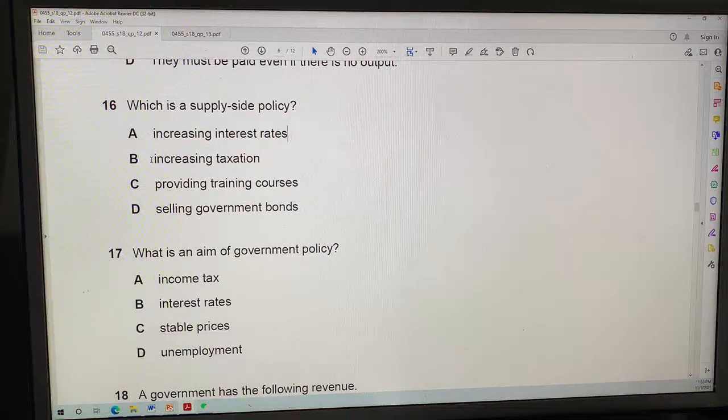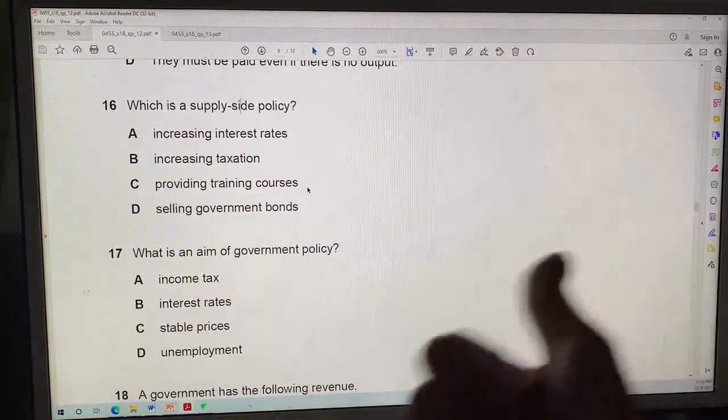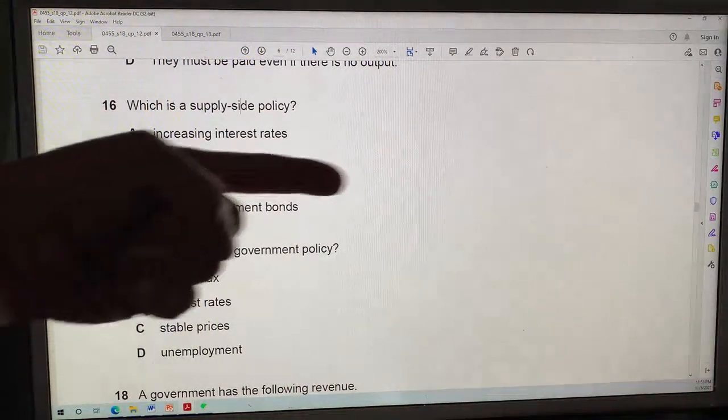No. B is increasing taxation, which is fiscal policy. C, provide training courses. Yes. Providing training courses is supply-side policy, because when workers have higher skills after their training, their productivity will increase and the supply curve will shift to the right.